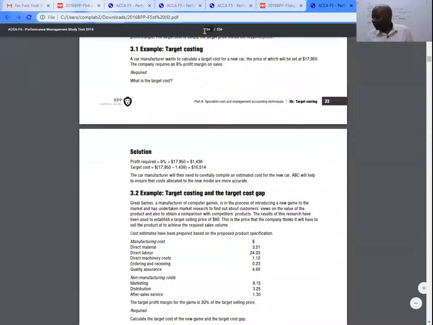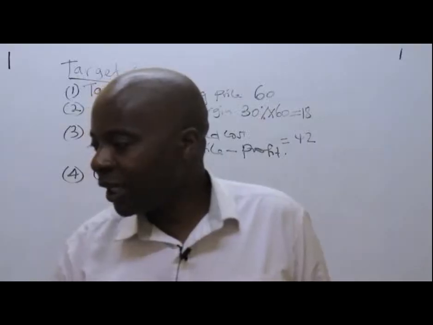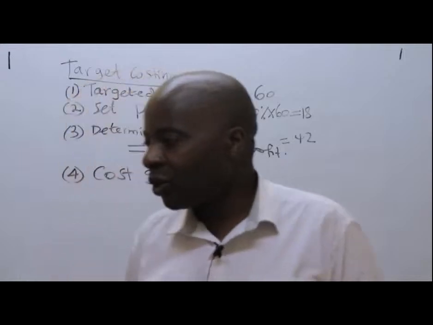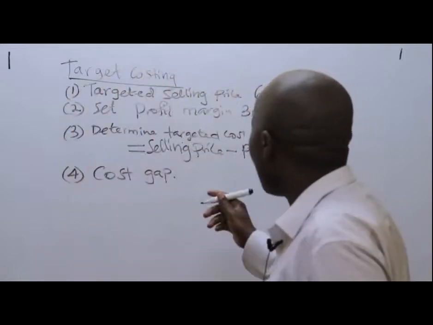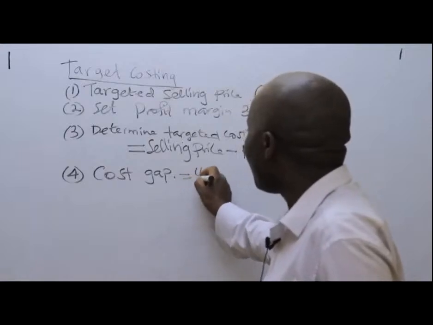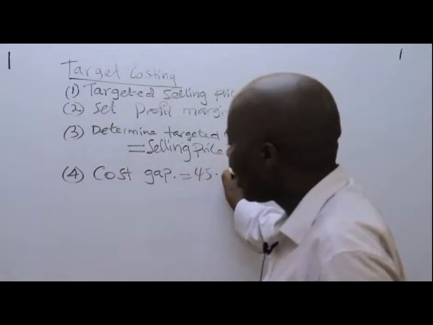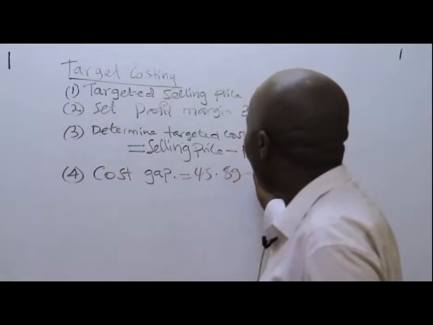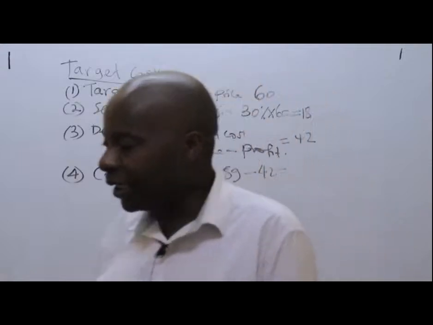From the answers that I'm able to get from my chart here, most of them, Catelo, Josam, Okocha, are giving me 45.89. The gap will be 45.89 minus 42.